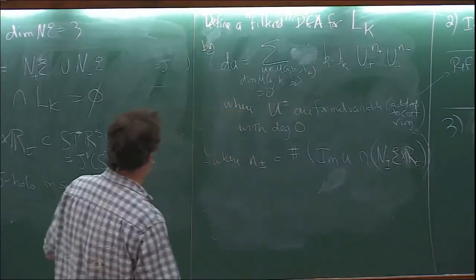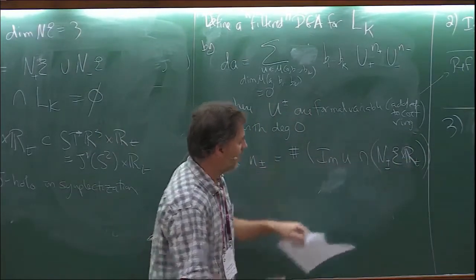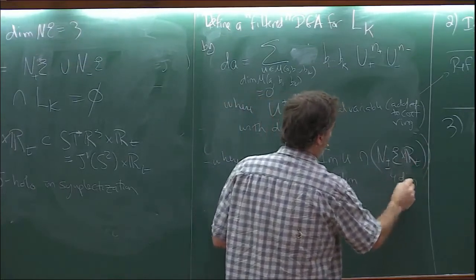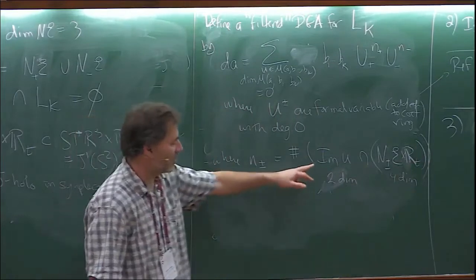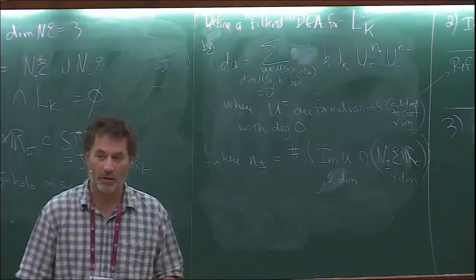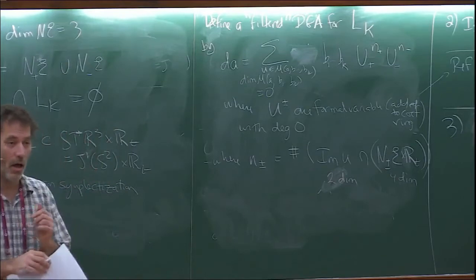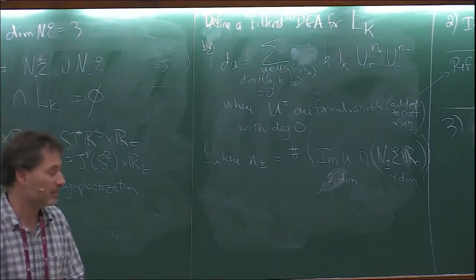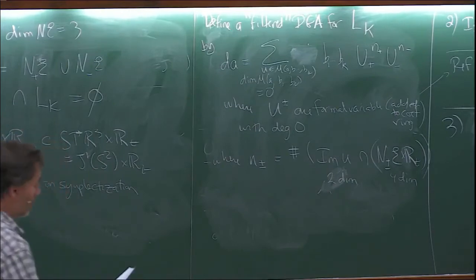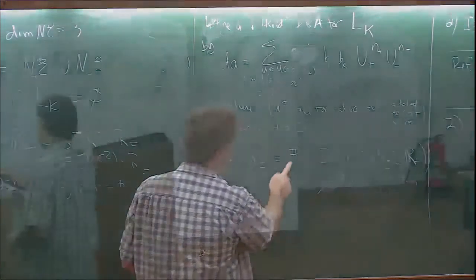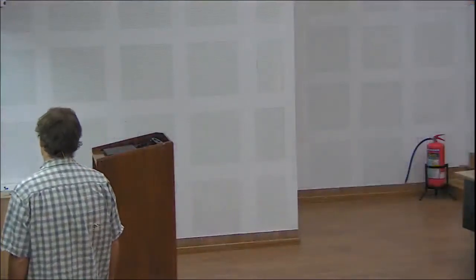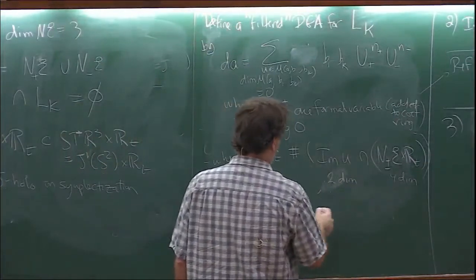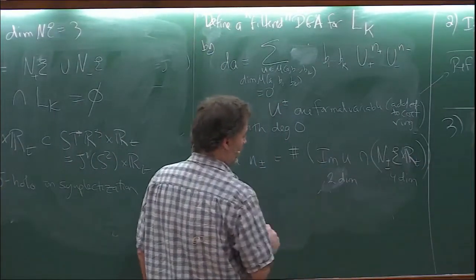So this is a disk, so its image is two-dimensional, and this is four-dimensional. And we're sitting inside the symplectization, which is six-dimensional. So at least from a dimension count, this intersection is zero-dimensional, and I can count it.